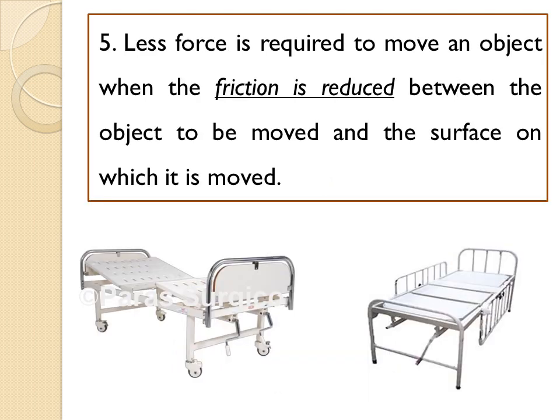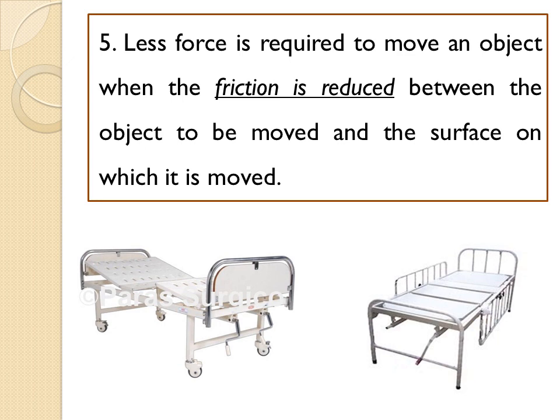The fifth principle is saying that less force is required to move an object when the friction is reduced between the object to be moved and the surface on which it is moved. We all have learned physics, we all know about friction. So if you want to work smoothly, then try to reduce the friction. Here I have given the example of a bed.